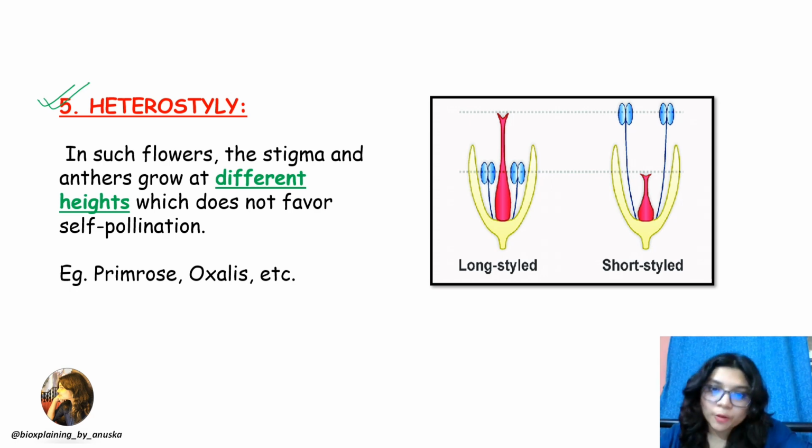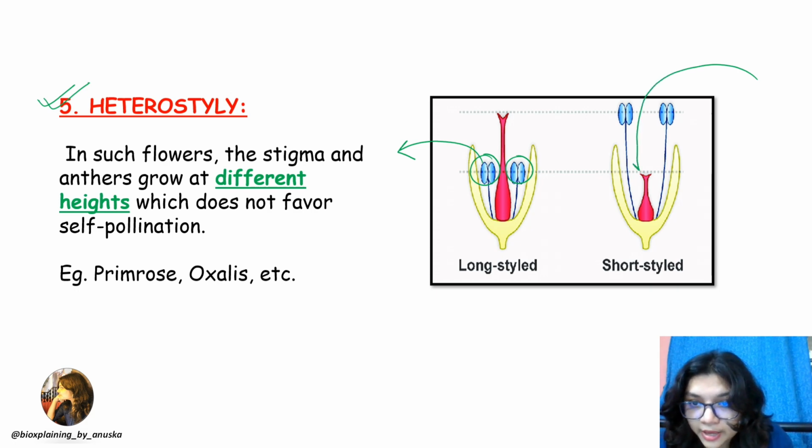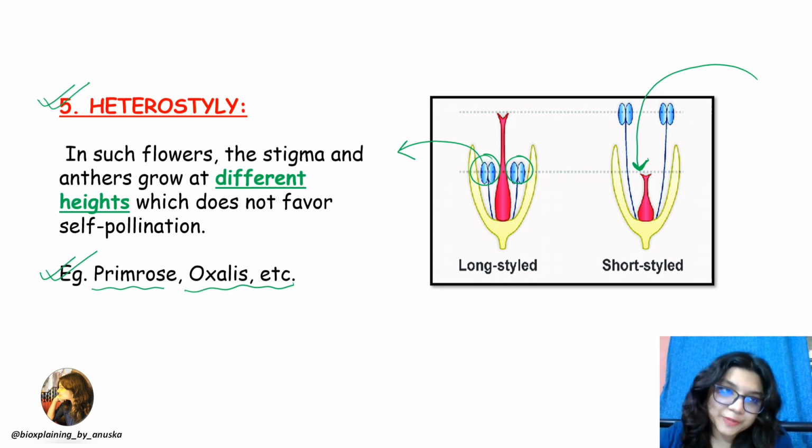So the only option is pollens from such flowers should go somewhere else, and pollens of some other flowers should come and sit on the stigma here. So cross-pollination is the only option here. This can be found in plants like primrose, in case of oxalis, etc.